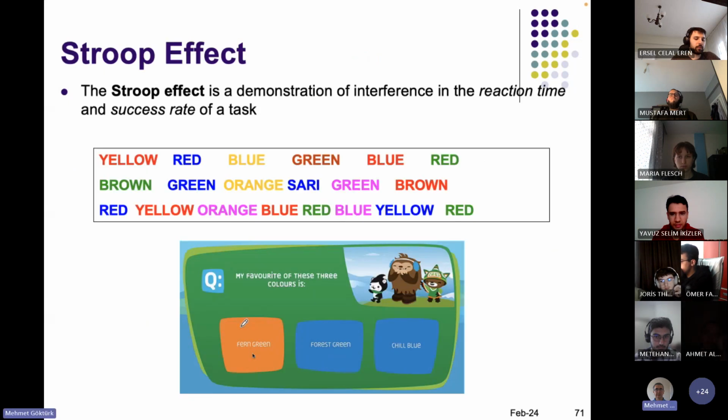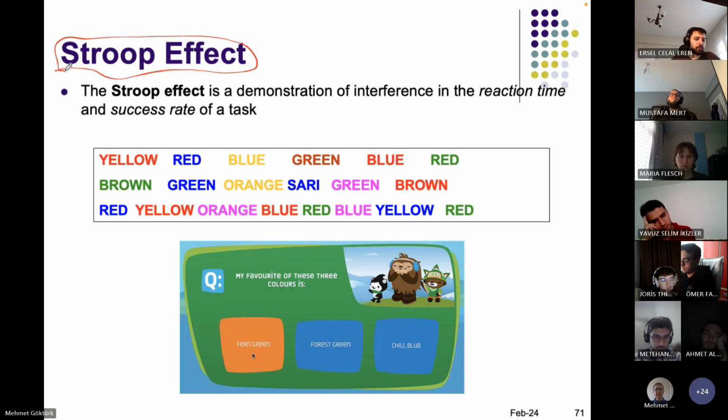We have an interesting effect named the Stroop effect. It happens from time to time to us. It is a demonstration of interference in the reaction times and success rate of tasks based on perceptible information.